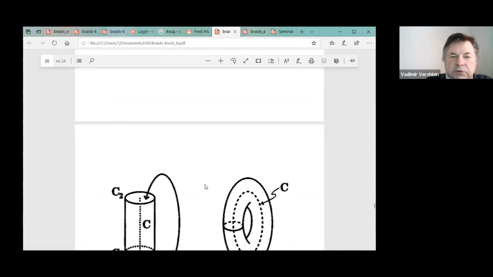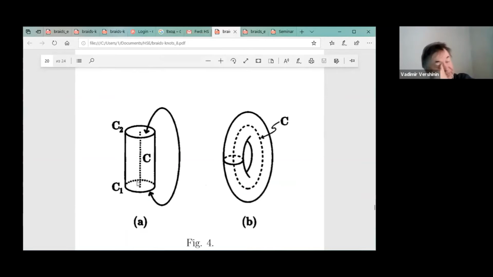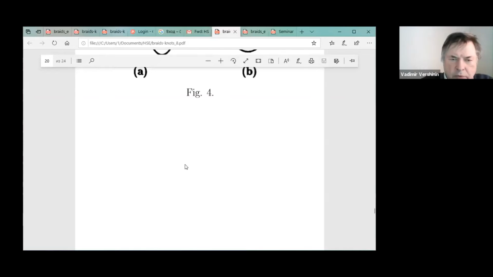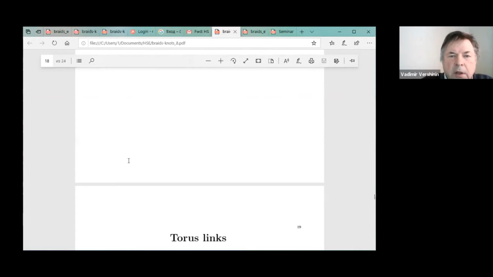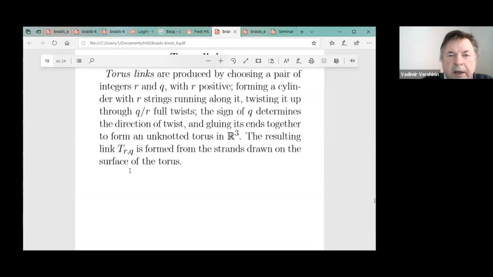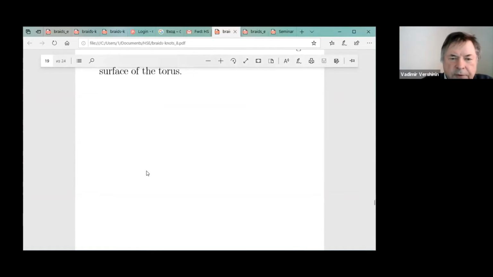So this is our cylinder, right? If you glue these two surfaces, you get the torus, right? But now you take r strings.